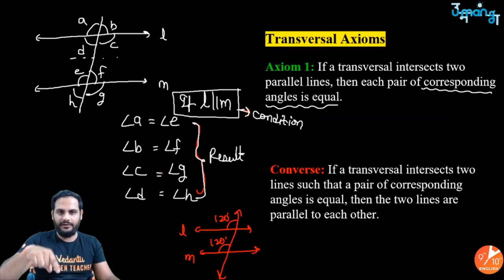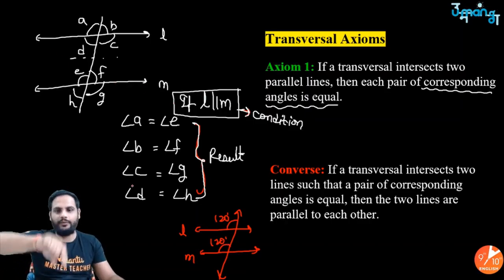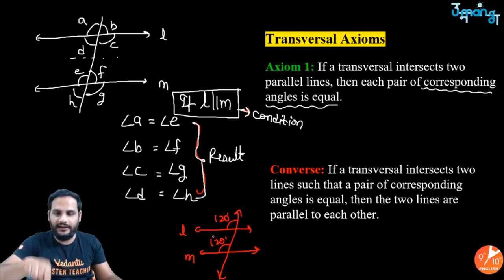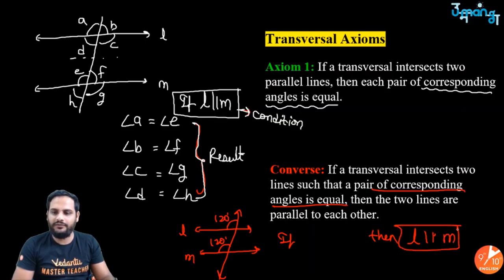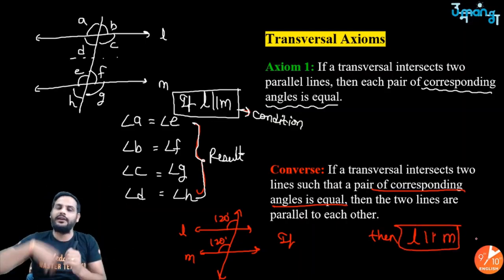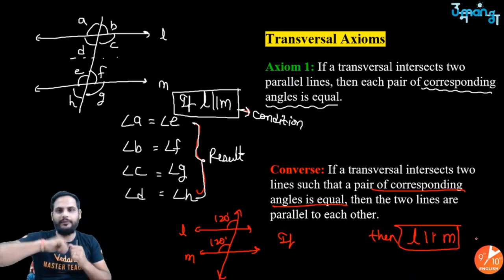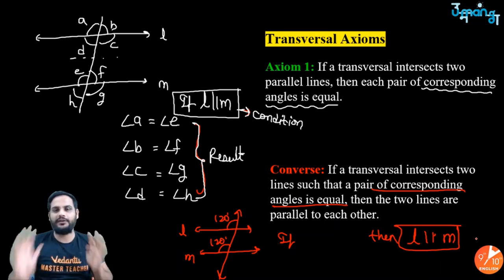In the original theorem, when lines are parallel, corresponding angles are equal, and here I say that if corresponding angles are equal, then I can say lines will be parallel. So it works both ways. If lines are parallel, corresponding angles are equal. If corresponding angles are equal, lines will be parallel. Got it? So condition becomes result, result becomes condition. That part you need to understand.